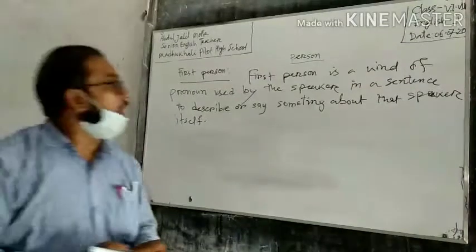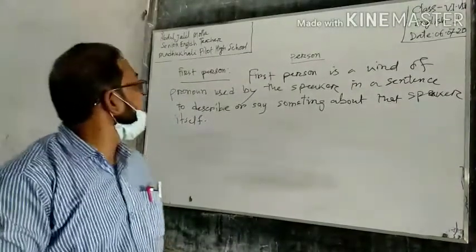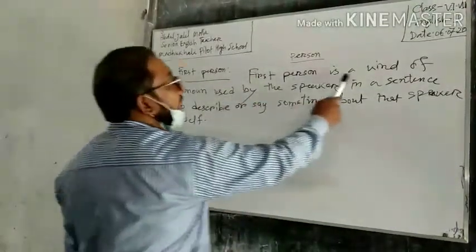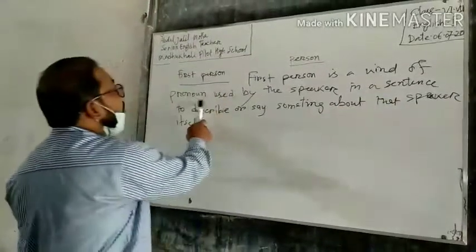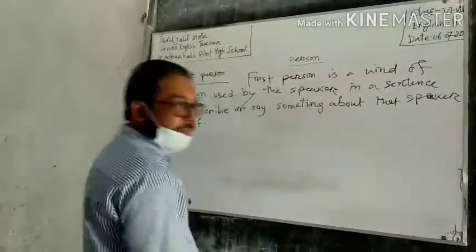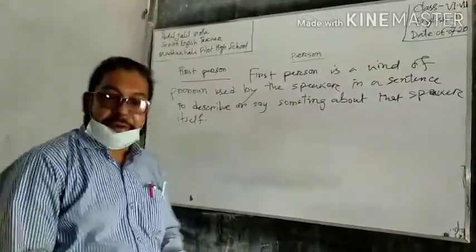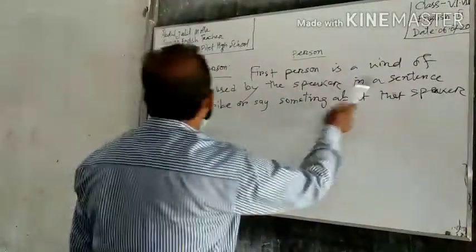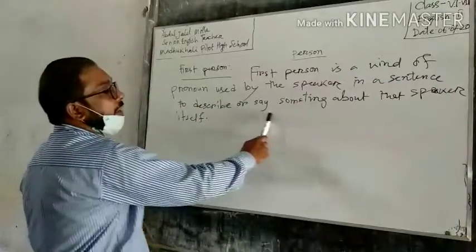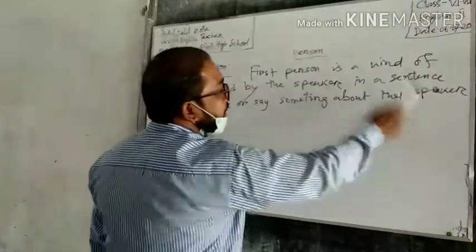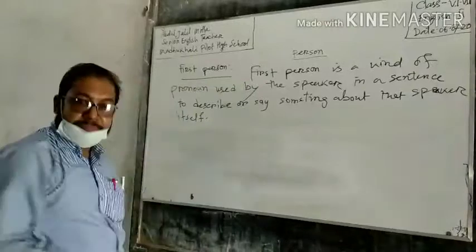Okay, I have already written the definition of first person. First person is a kind of pronoun used by the speaker. Mind it, it must be used by the speaker in a sentence to describe or say something about the speaker itself.